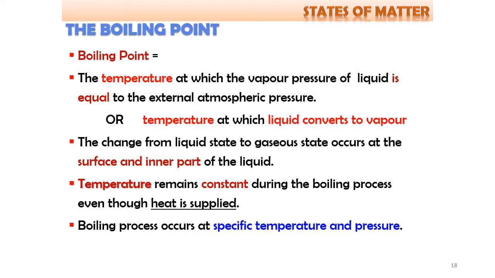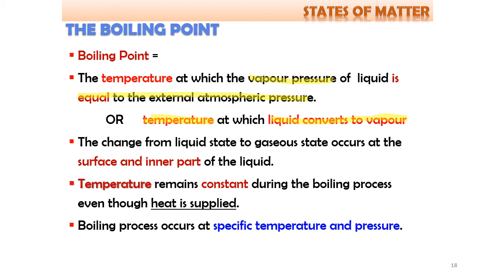Next, let's have a look at boiling point. So, boiling point is the temperature at which the vapor pressure of the liquid is equal to the external atmospheric pressure, or in simple words, we can say the temperature. Okay, so boiling point is takat didih, the temperature at which the liquid starts to convert to vapor.